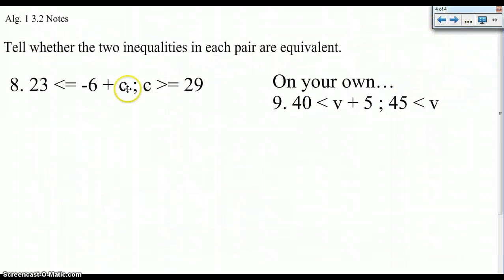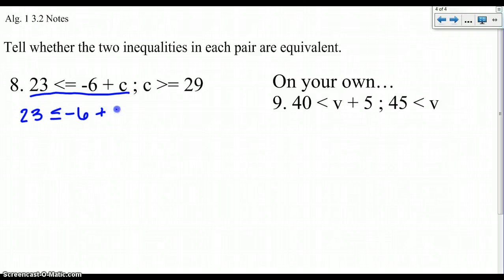We're going to move on to 8 and 9. For 8 and 9, we need to tell whether the two inequalities in each pair are equivalent. So we need to solve this inequality right here to see if it matches this one. So, 23 is less than or equal to negative 6 plus c.